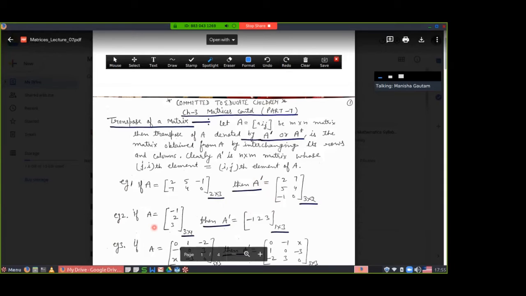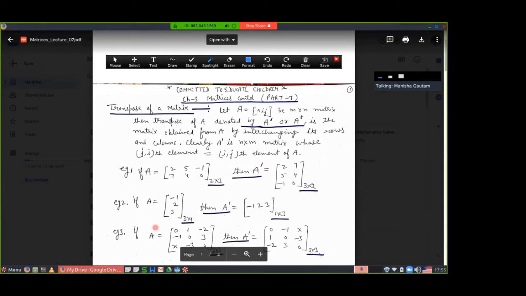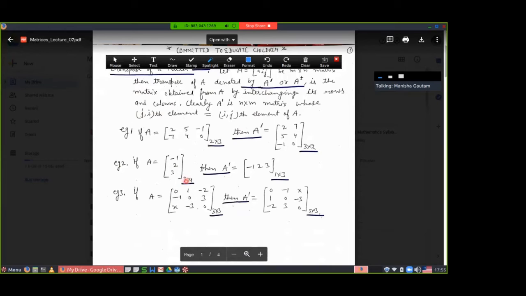The second example for the same is, if A is a matrix having order 3 by 1. When you interchange row and column, that becomes the order 1 by 3. It is written here, and the column becomes a row. Minus 1, 2, 3 are the elements from up to down, column elements. Now when you write the transpose matrix, it becomes a row matrix, with elements from left to right: minus 1, 2 and 3. The third example is of order 3 by 3, 3 rows and 3 columns.